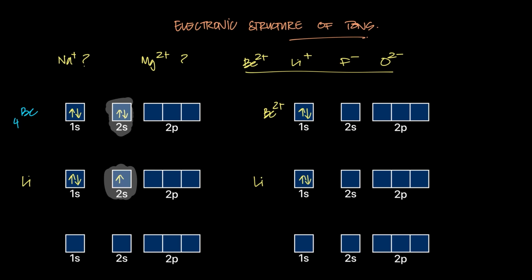So now fluoride. As an element, fluorine has how many electrons? 9 electrons. Fluorine is element number 9, just before neon. So 2 would go there, and 2 would go there. So 9 is 2, 4, 5, 6, 7, 8, and 9.